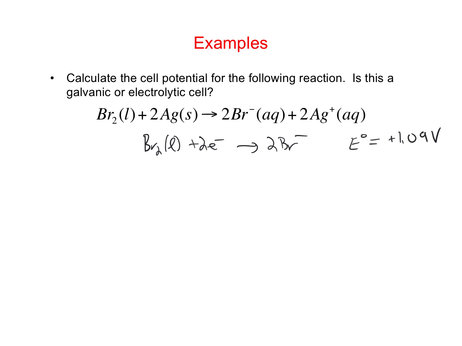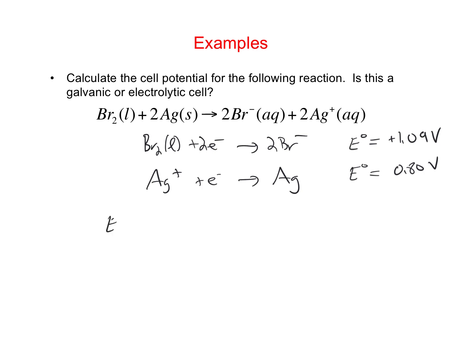And then the other one I found is Ag+ plus an electron, and the E0 for that one is 0.80 volts.